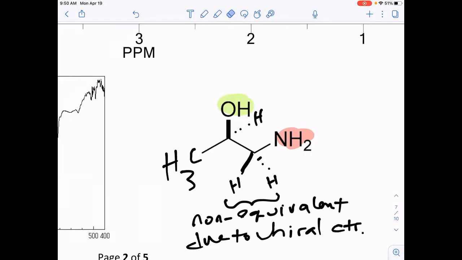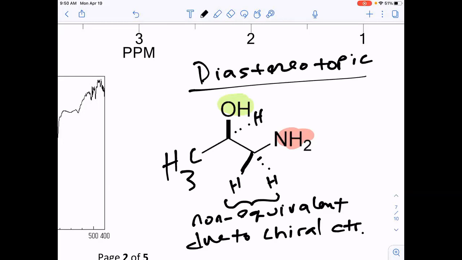The chiral center is going to make those two non-equivalent, and they're going to be called diastereotopic. The reason they're diastereotopic is because if I swap either one of them out with another atom, I would get two diastereomers as a result.